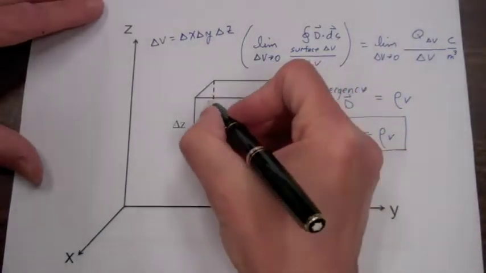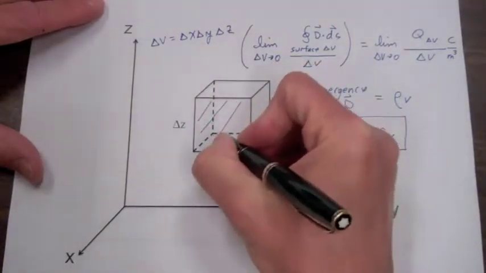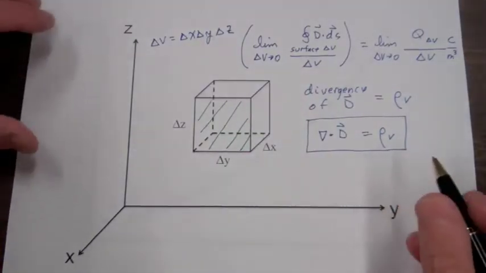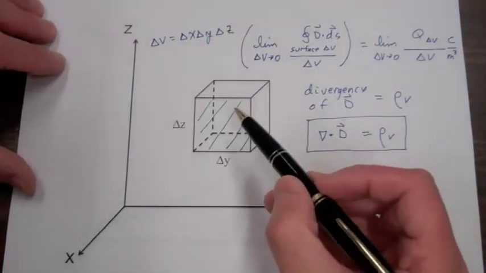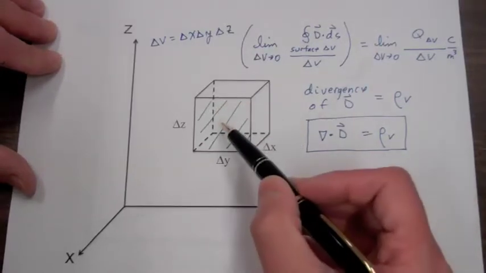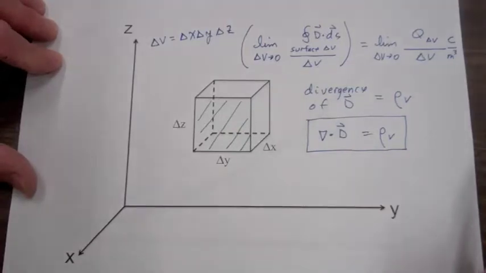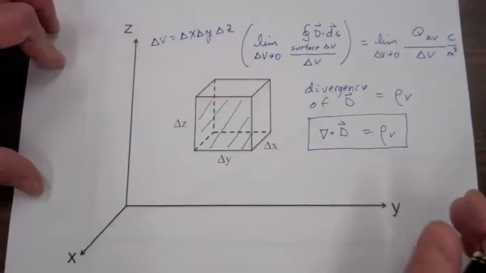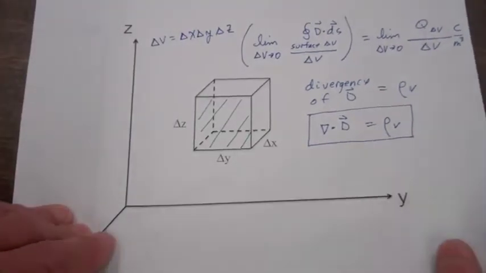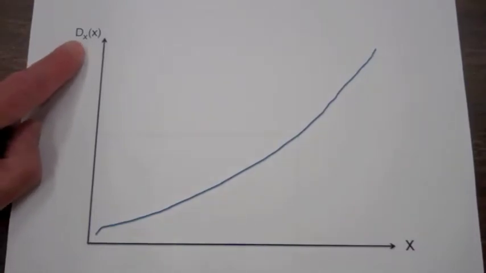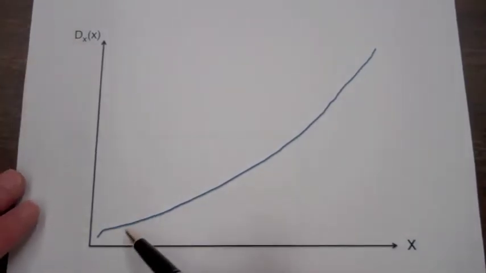Looking at this cube, let's call this the front face and the opposite side the back face. And now what we want to do is see how we're going to estimate the electric flux density field on the front face and the back face, knowing the electric flux density at the center of the cube and how it changes with respect to x, y, and z. So here we have a plot of the electric flux density field in the x direction as a function of x.